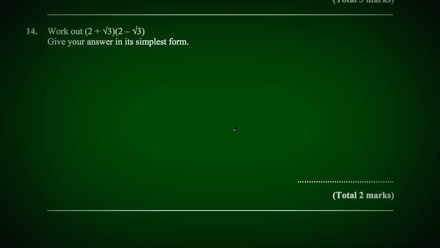Question 14, work out 2 plus root 3 times by 2 minus root 3 in its simplest form. So this is similar to the last problem in that when I expand these difference of two squares, the middle terms are going to disappear, but we'll have a look and see how that happens. So first things in the brackets, if I'm going to use firsts, outsides, insides, lasts, 2 times 2 is 4.